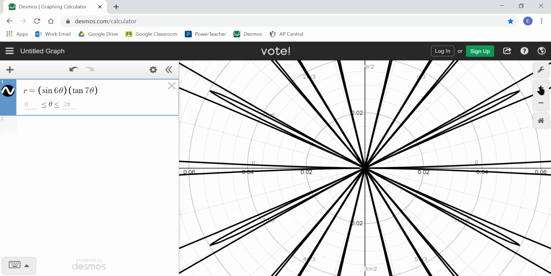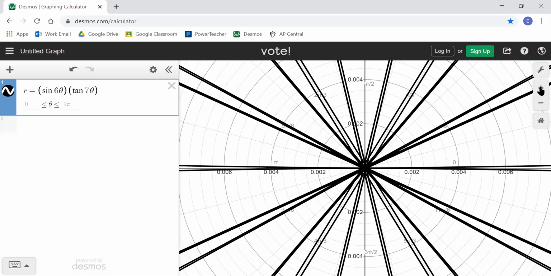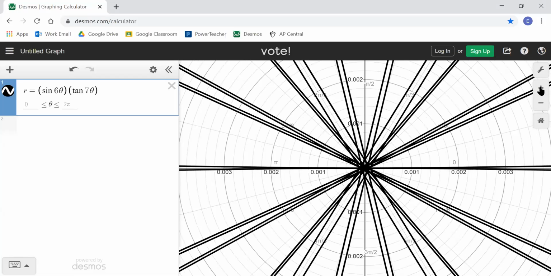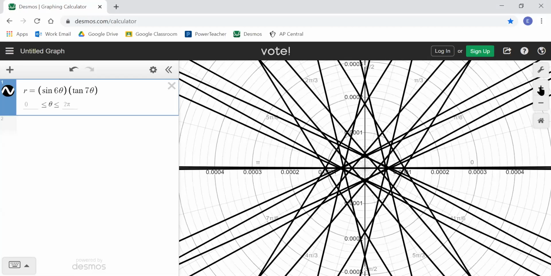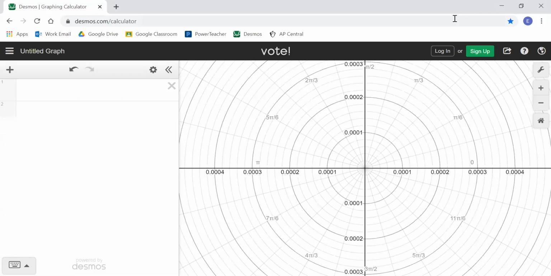And these little pieces that keep popping up inside of here, because of the tangent part of that function. Oh, we lost Denise. Denise is back. But yeah, it's pretty cool. You get some cool stuff with these polar graphs. So anyway, that's that. Yeah, it did kind of look like a spider web or a spider, didn't it?